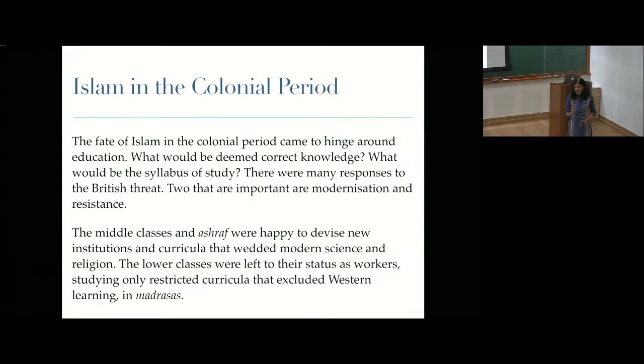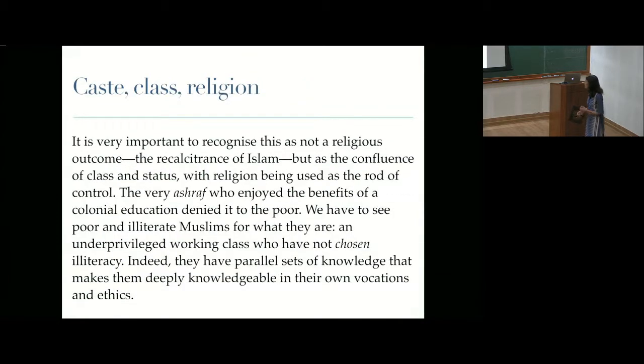But that's only the Ashraf. At the same time, all the working classes and lower classes are left to their same status as before. They are not exposed to any kind of European learning or modern education, and their learning continues in madrasas of the same type.